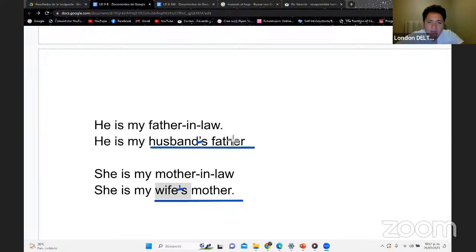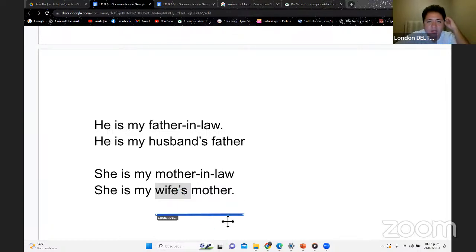Y para poder entender esto tenemos que recordar que en español yo digo primero el padre de mi esposo. Entonces, primero menciono padre y luego digo esposo, right? En inglés tienen que pensarlo al revés. Primero vamos a mencionar quién es el dueño, y después lo que se posee, all right?